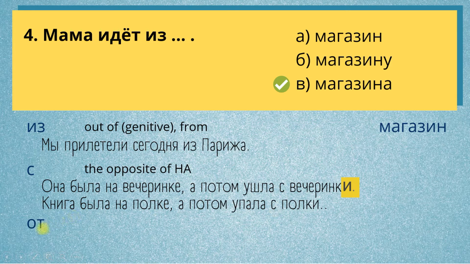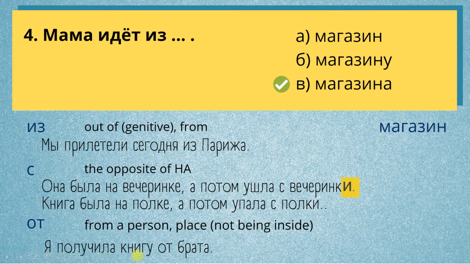And the third one is от. От we use when we go from a person. Or, quite rare, about places that we actually didn't enter. We were not inside those places. We were in Paris, but sometimes we were somewhere around or maybe next to this place, but not inside.